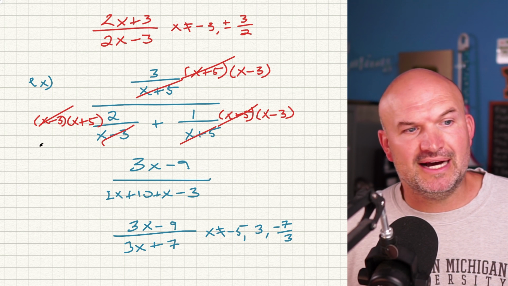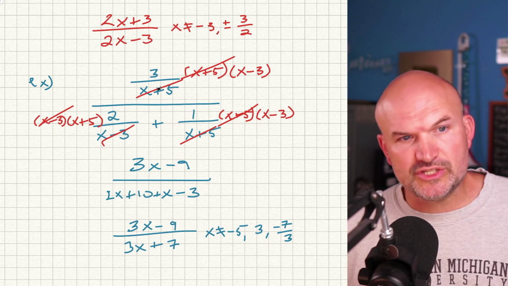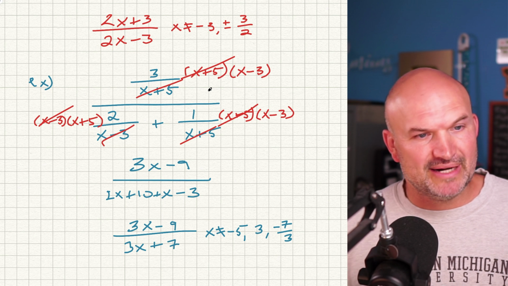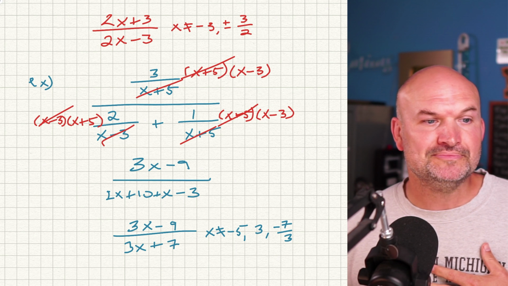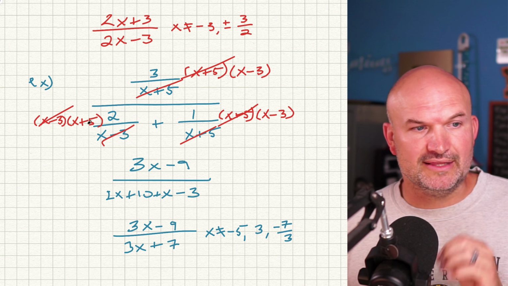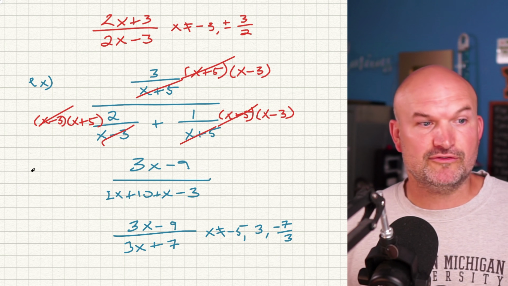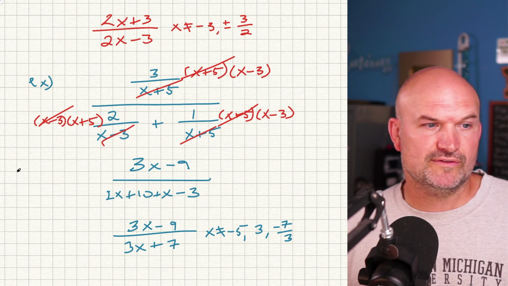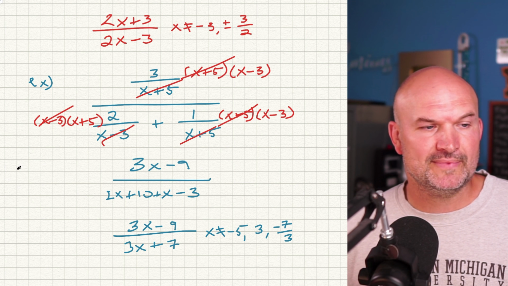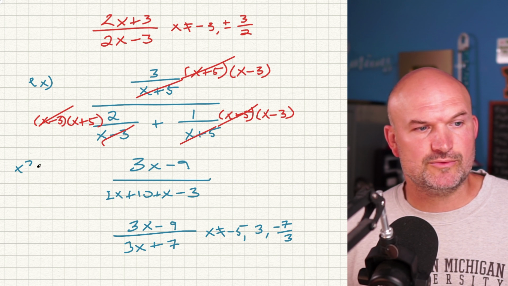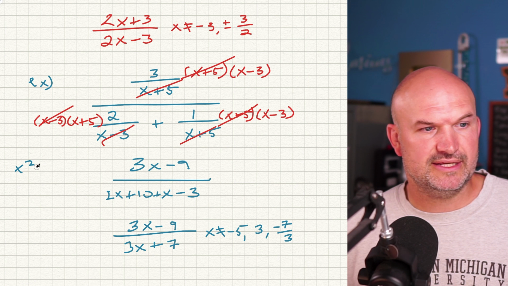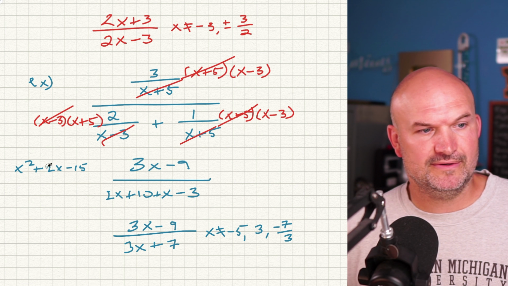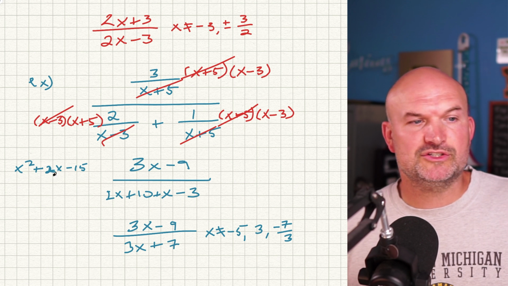So again, usually just finding that common denominator is really where a lot of students will get mixed up. But unless you're dealing with something that they have in common, like for instance, if one of the other denominators was an x squared plus 2x minus 15, you just want to be able to factor that out.